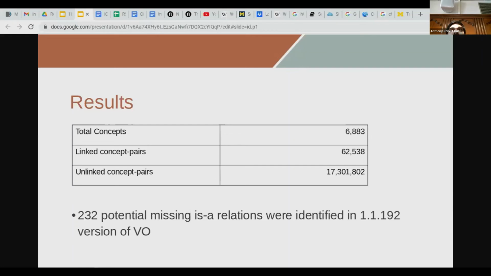Basically it was Dr. Oliver who was our domain expert. So we just used a sample of the entirety, but ideally, yes, if we could have got all 232 validated, that would have been much better, and hopefully we can get a little bit more validated and help improve the vaccine ontology.